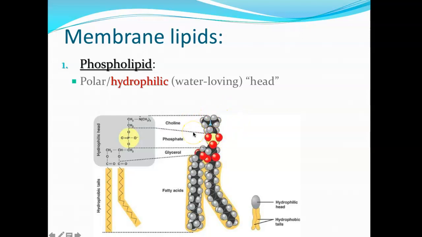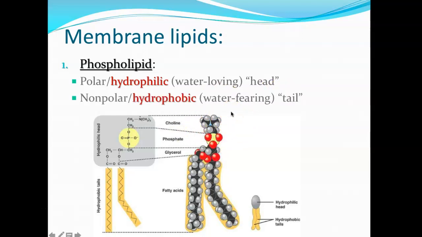Well, water has partial positive and negative charges on it, and what likes negative charges is positive charges. And what likes positive charges is negative charges. And so this negative charge on the phosphate loves the partial positive charge on the hydrogens of water. And so that's what makes this phosphate head love water, right?